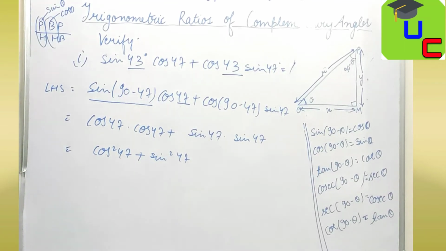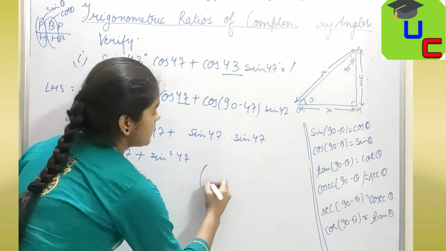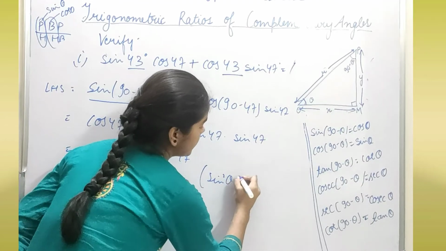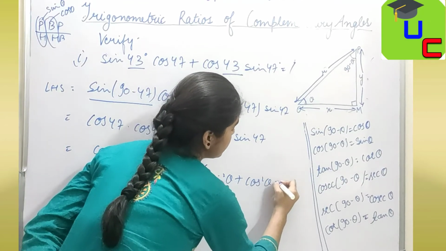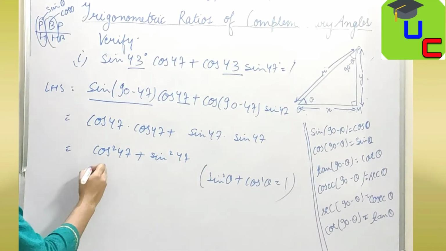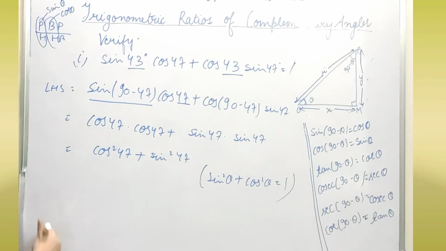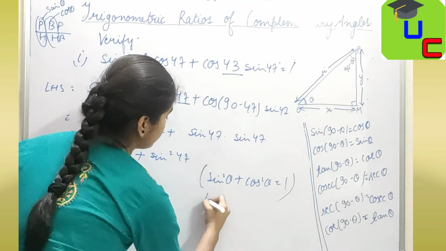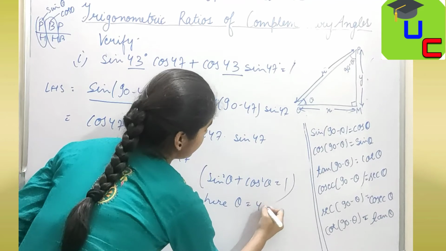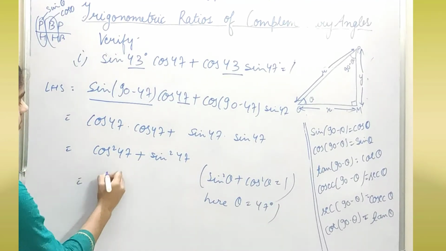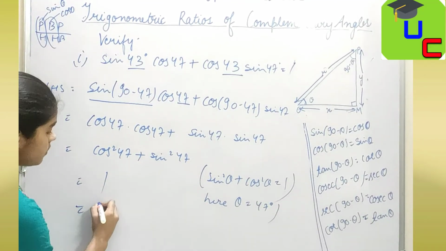In the next chapter or next topic you will be reading that sin square theta plus cos square theta is equal to 1. So here theta is equal to 47 degree. So this is also equal to 1, hence which is equal to RHS.